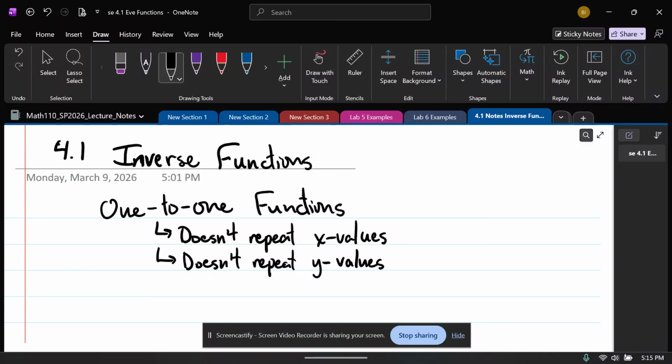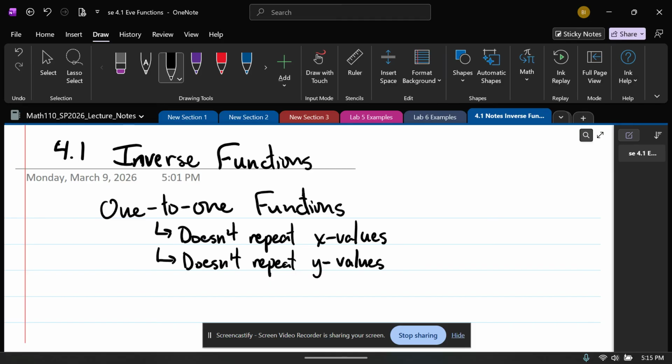Okay, so if it's one to one, it doesn't repeat x values and it also doesn't repeat y values. So the not repeating x values is the rule for being a function. The not repeating y values is the special part. That's what makes it one to one.